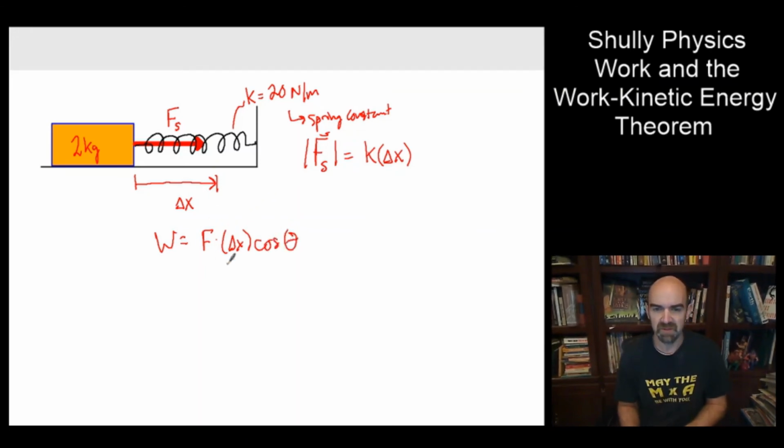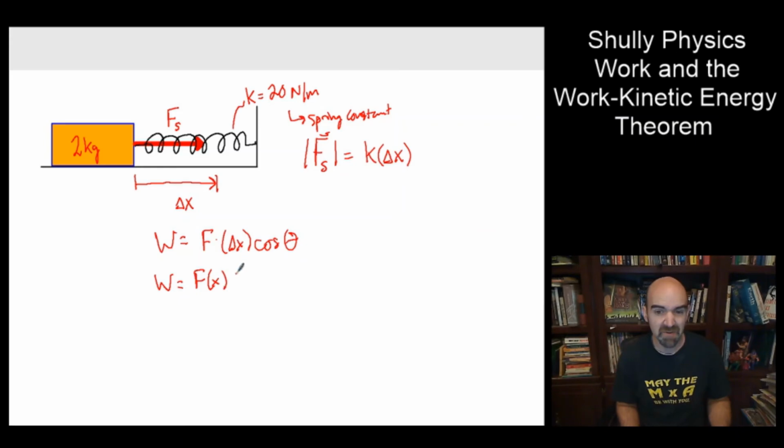All right, what does that mean is going to happen here? Well, this delta x, we can call it 2 meters if you want. Okay, it's an actual value, but as the x changes, the force is going to change. So what is different here is that this work depends on a force that's a function of displacement.